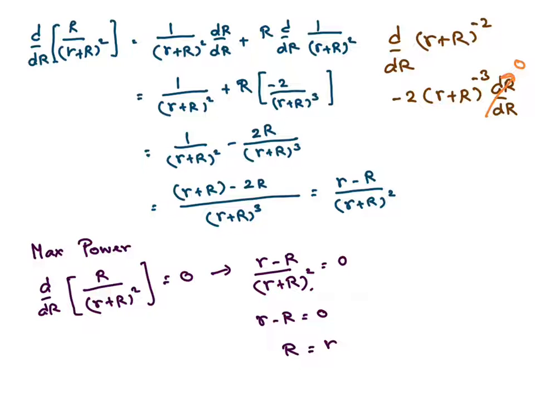So we write this fraction and finally get that this equals (r minus R) over (r plus R) cubed. Oh, sorry, this is not squared. This is cubed.